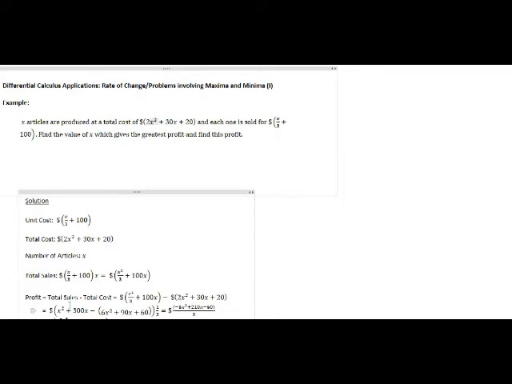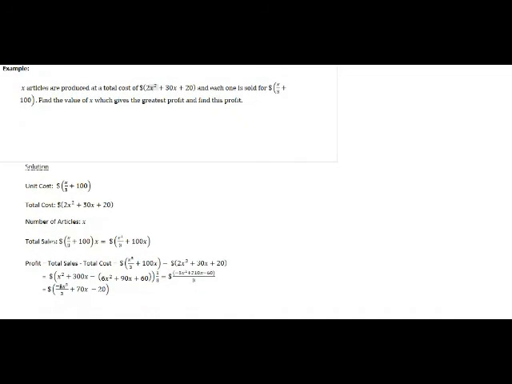So when I multiplied x by x over 3 plus 100, it gave me x squared over 3 plus 100x. Now the profit is the total sales minus the total cost. So calculating that, I have x squared over 3 plus 100x minus (2x squared plus 30x plus 20). But then this fraction here might complicate matters, so I decided to factorize 1 over 3 out of everything. So when I did that, I multiplied through each term by 3.